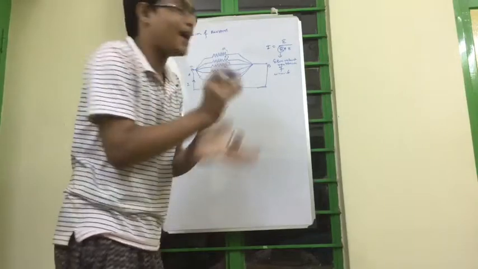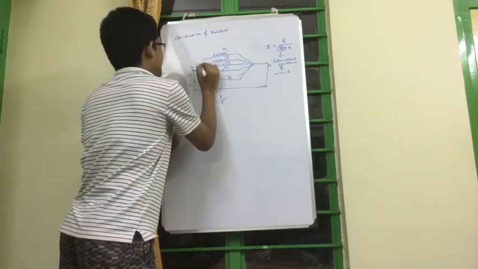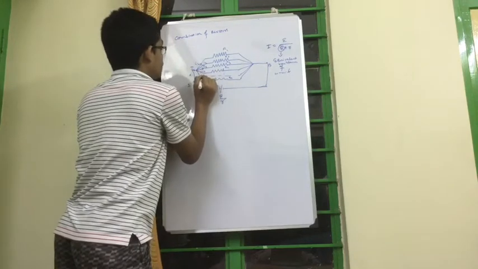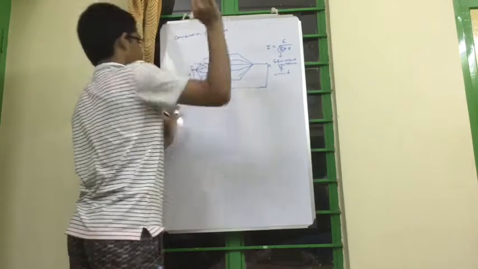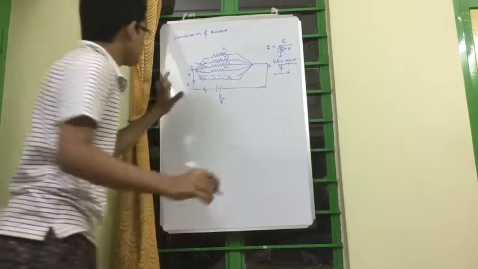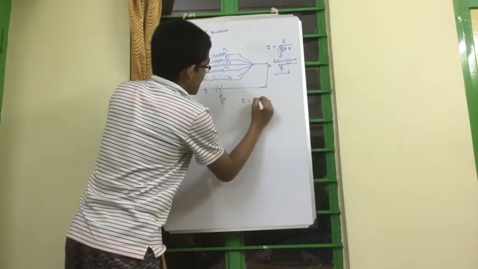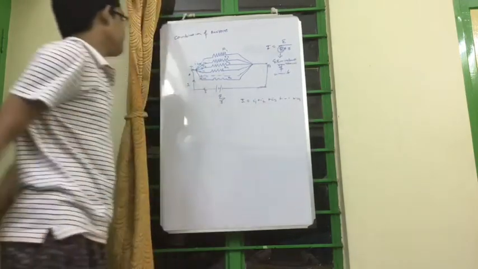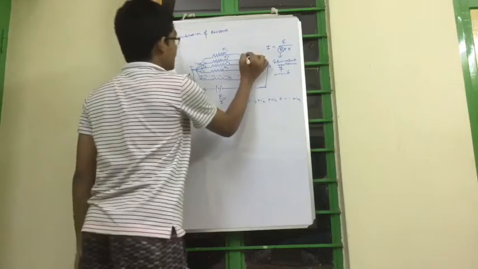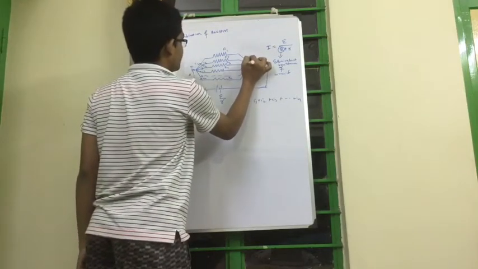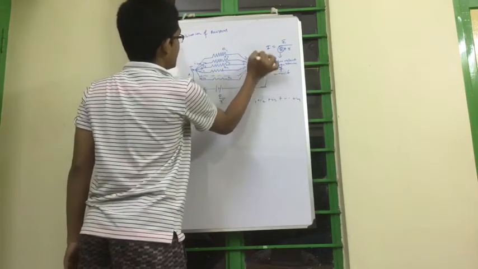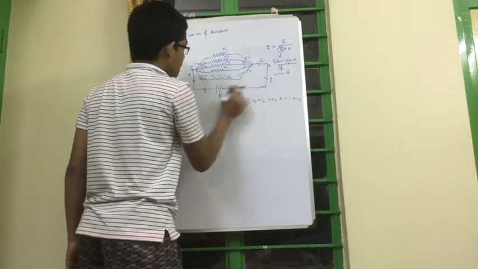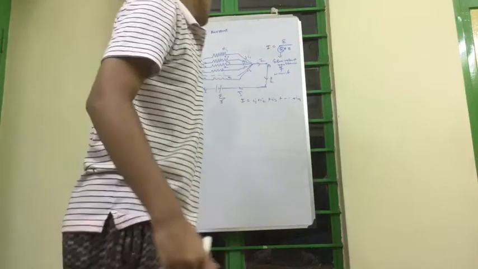The current parts like this: I1, I2, I3, I4, up to In. And I equals I1 plus I2 plus I3 plus up to In. All this current comes here, they again become I, and they return to the battery, completing the circuit.